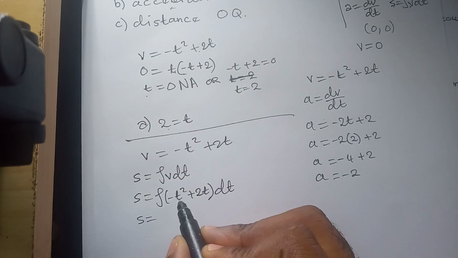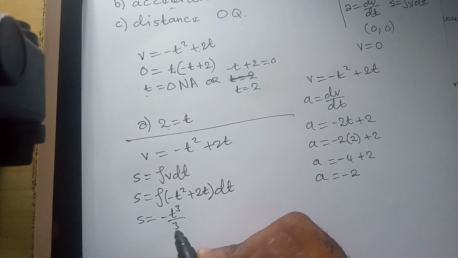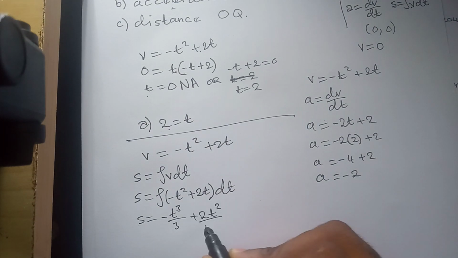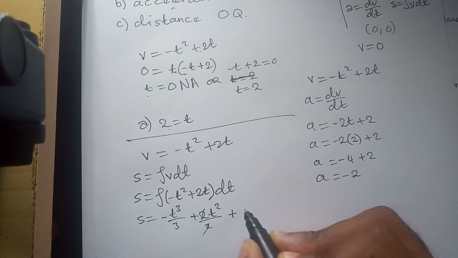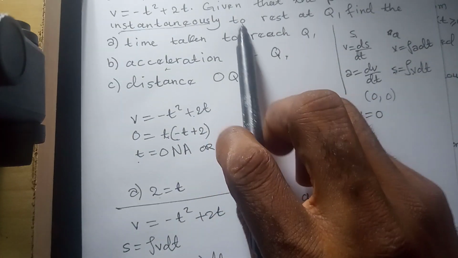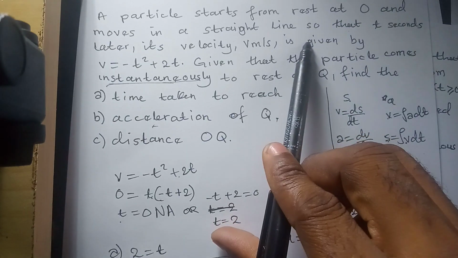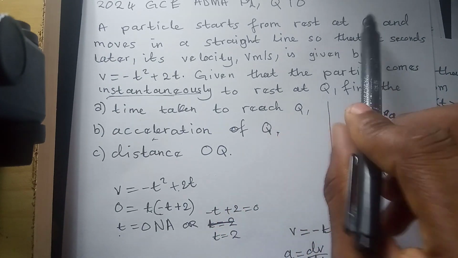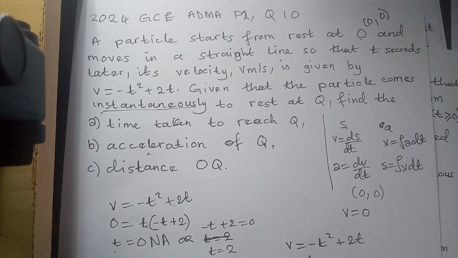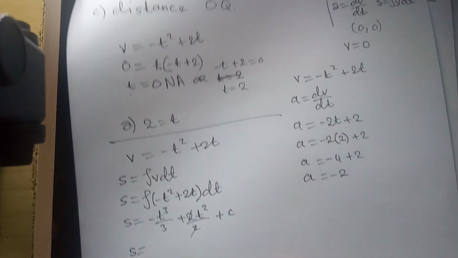When you integrate this with respect to t, you have negative t to the power 3 over 3, and then 2t squared over 2, and the 2s cancel out. Don't forget the constant of integration. But because the question says a particle starting from rest at O, this O is telling you that you are starting from the origin. So as long as a particle is passing through the origin, your C will always be 0.